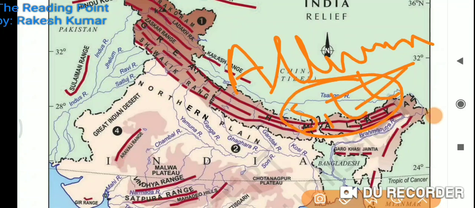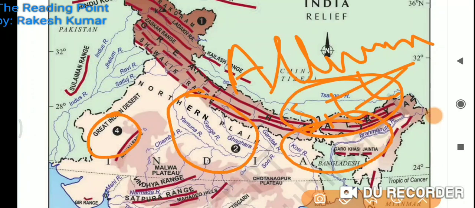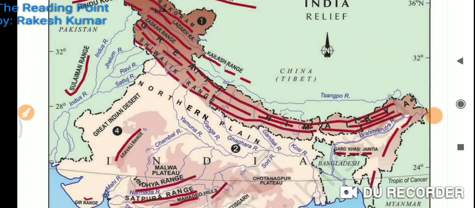The thickness of the alluvium deposited by the rivers varies from place to place. The northern plains are divided into three parts: first, the Rajasthan plain, the area near Rajasthan, the Ganga basin and the Brahmaputra valley. So these three divisions we can say.